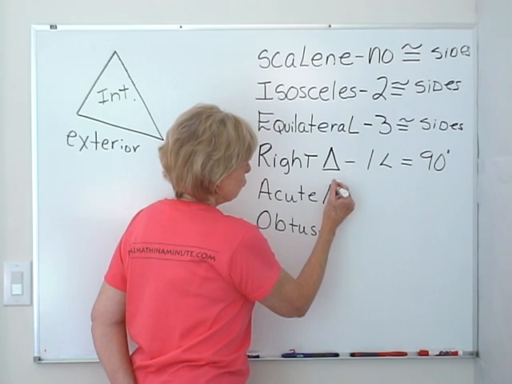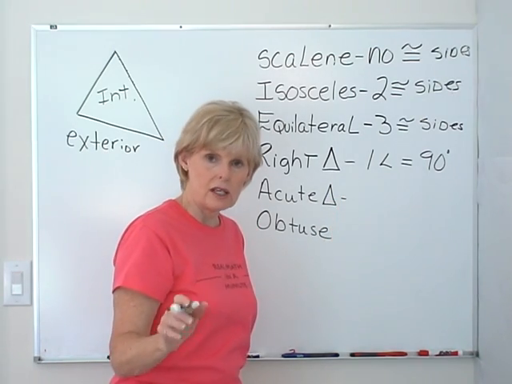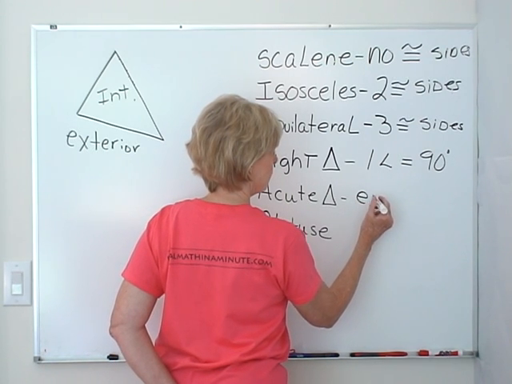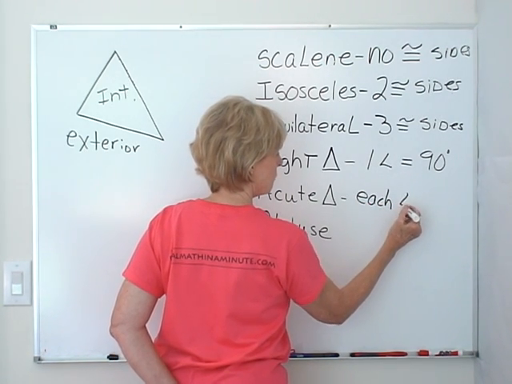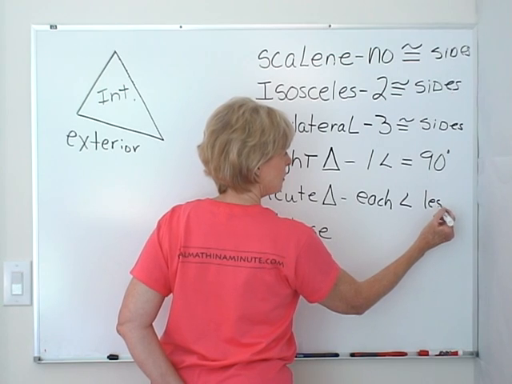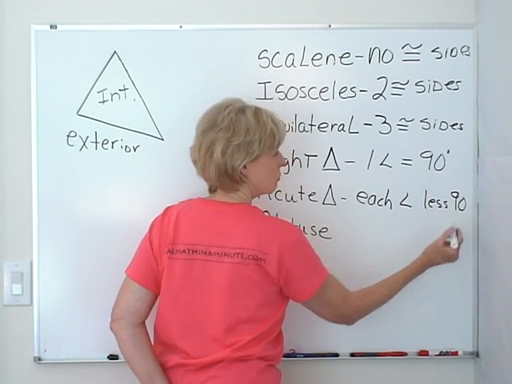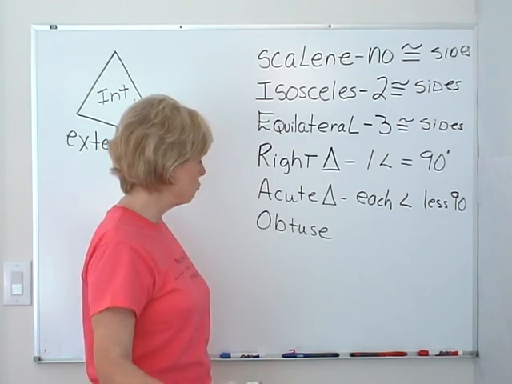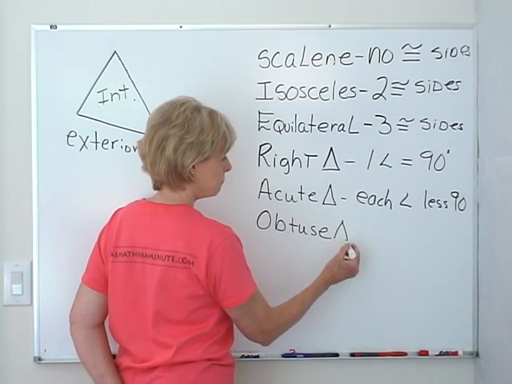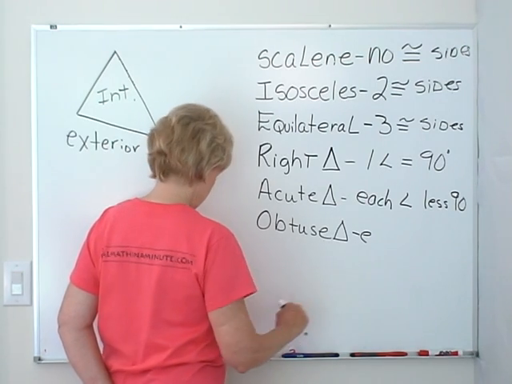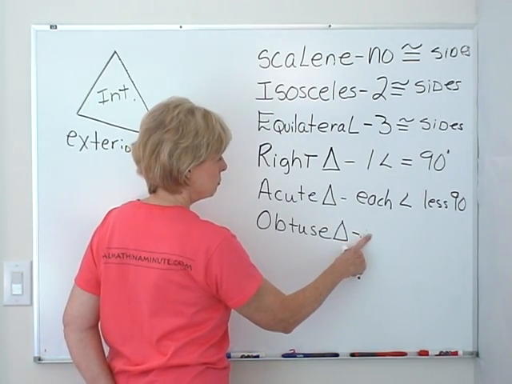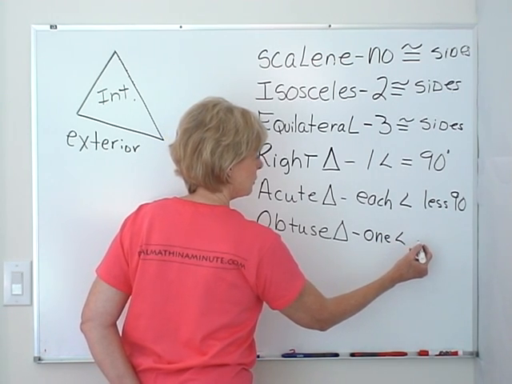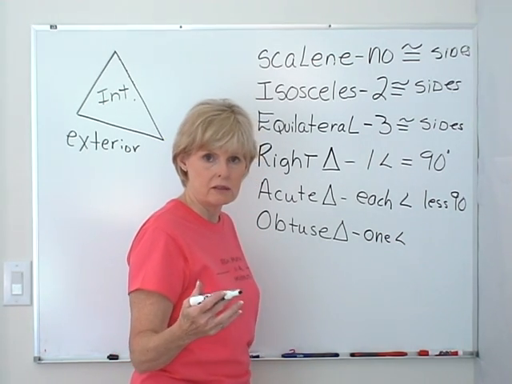If we have an acute triangle, then every angle in the triangle is less than 90. So each angle is less than 90 degrees. Every angle is less than 90 degrees. If we have an obtuse triangle, then not each angle, but one angle is greater than 90, but less than 180.